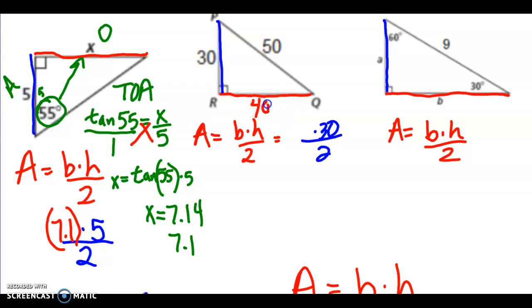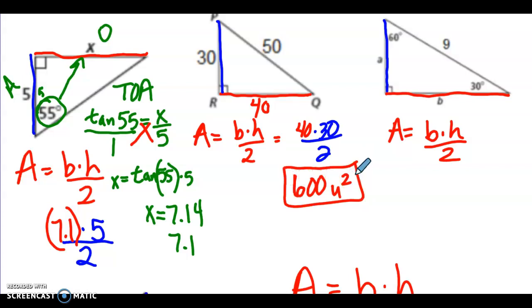So this would be 40. So 30, 40, 50 is a Pythagorean triple as well. So 40 is my base times 30 divided by 2. I can do that in my head. So this would be 1200 divided by 2, which is 600 units squared. Okay. All right, next example.